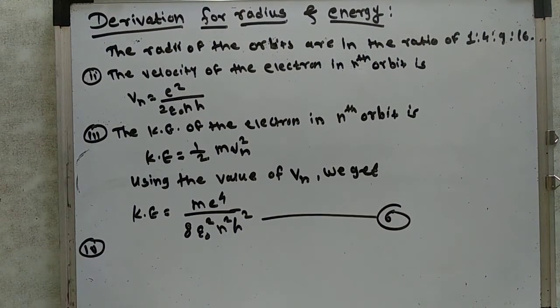Then fourth is the potential energy. Potential energy of the electron in nth orbit can be obtained.